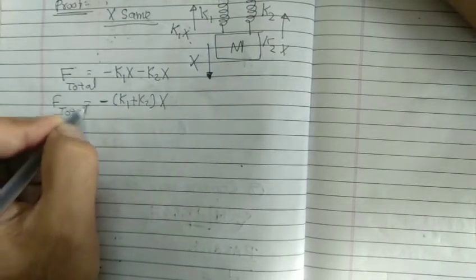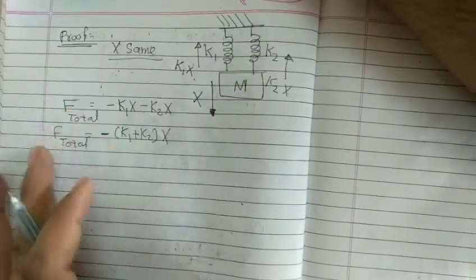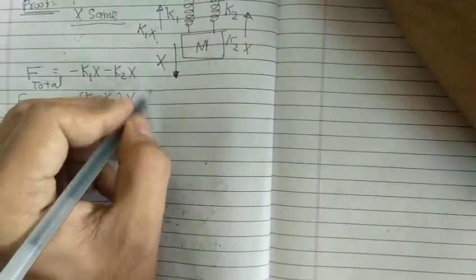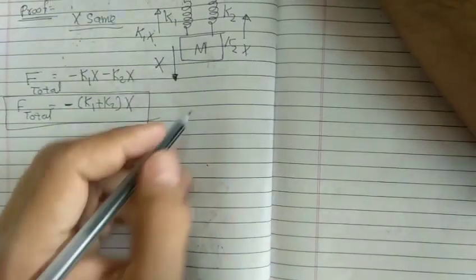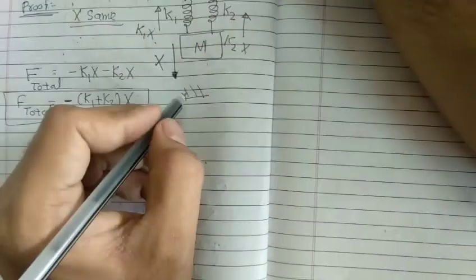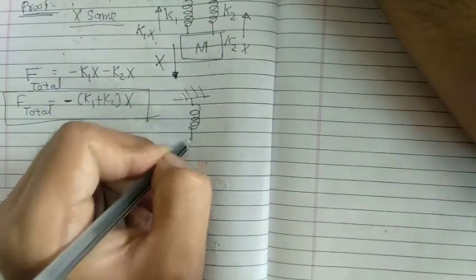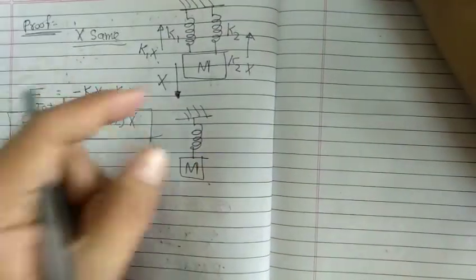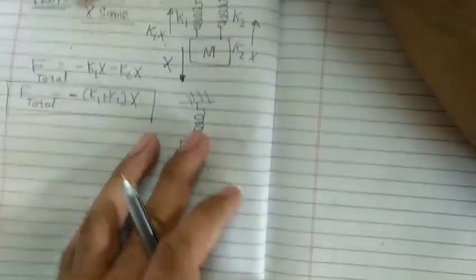This is the total force produced by this combination, right? Clear? So if you replace this system of two springs by a single spring, the single spring will produce the same effect as produced by these two springs.